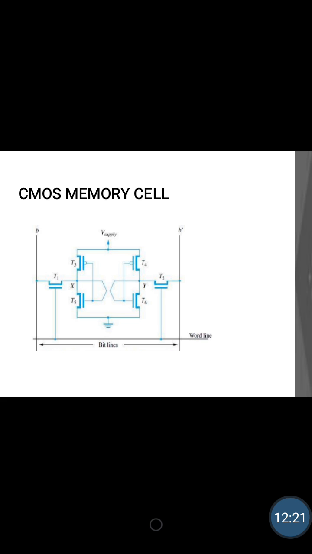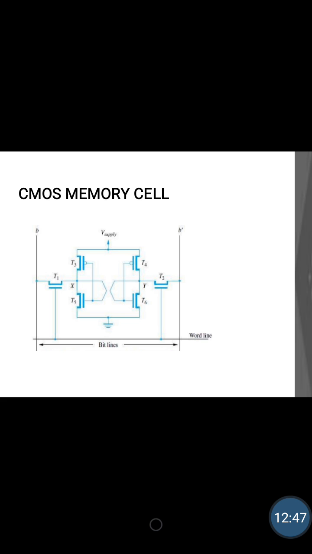Now, whatever the high state x is at, that will be transferred to B and the opposite will be transferred to B bar. What is to be done? I have to transfer the data from x to B and y to B bar. For that I have to make T1 and T2 on, which I can do by making the word line high.